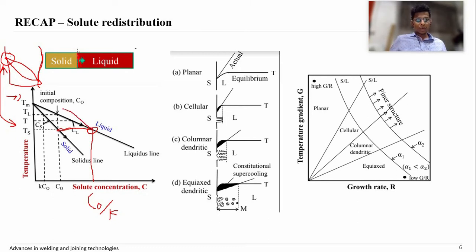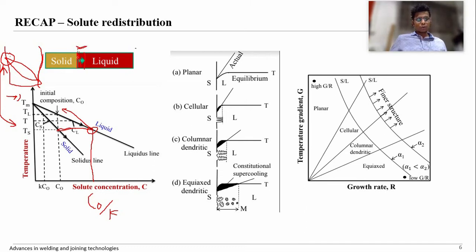If I move backwards to this point, the concentration of the solute decreases and the temperature increases, right? So this is a kind of mushy zone.